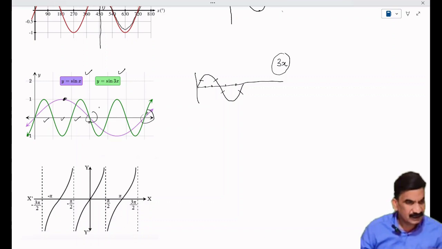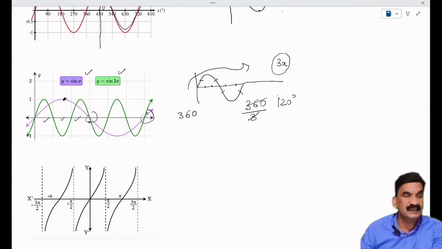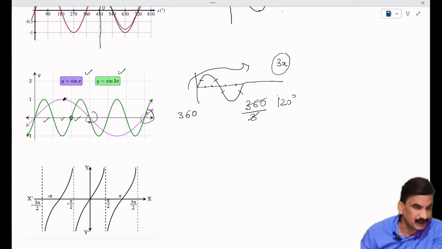Number 2, the period is 360. In here, the period is 360 divided by 3, which is 120. So the graph should repeat after 120. So this particular point will be 120, and this particular point would be half of that.